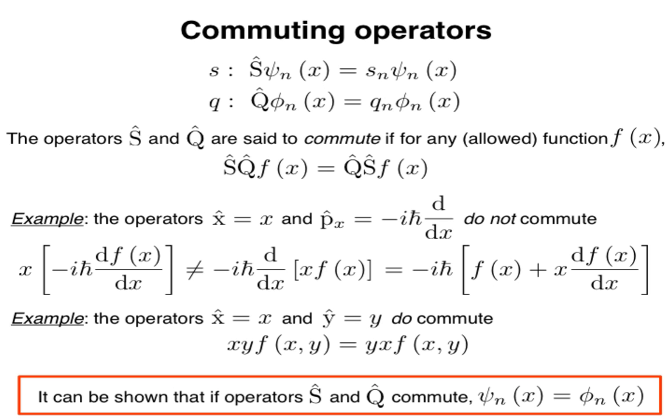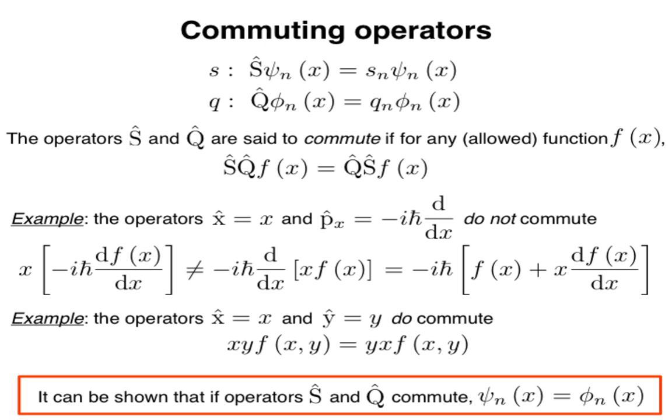Thus, these operators commute. It can be shown that if two operators S and Q commute, then they share a common set of eigenfunctions. This is important in quantum mechanics because measuring an observable changes the wave function of the system. After the measurement, the wave function becomes some eigenfunction of the linear operator corresponding to the observable measured.